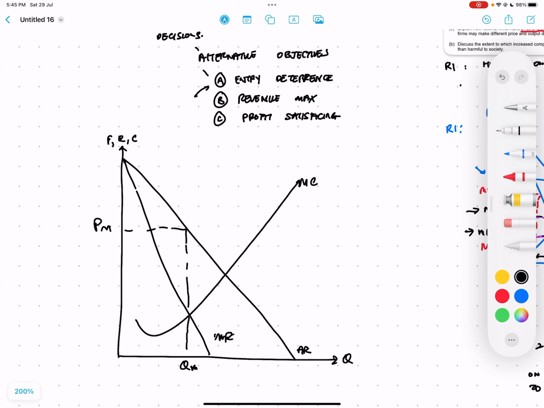Okay, so what actually happens is, you profit maximize, then maybe let's just draw an AC curve like this, right?